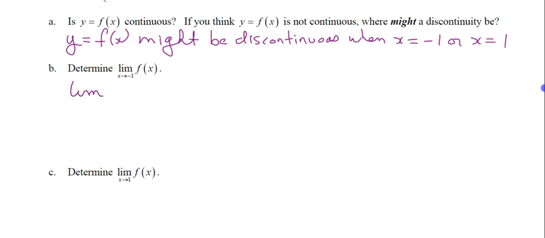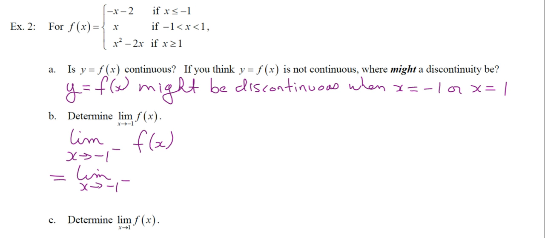So here's what we're going to do. The limit as x approaches -1 from below of f of x would be equal to the limit as x approaches -1 from below of which function? Where does that lie? If we're going to -1 from below, which of these three are we using?